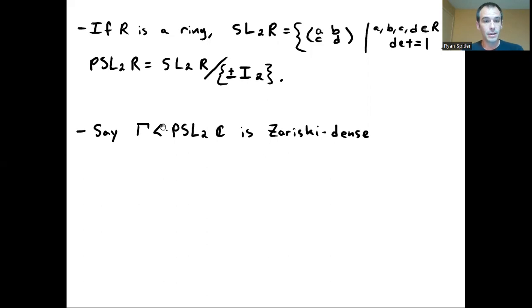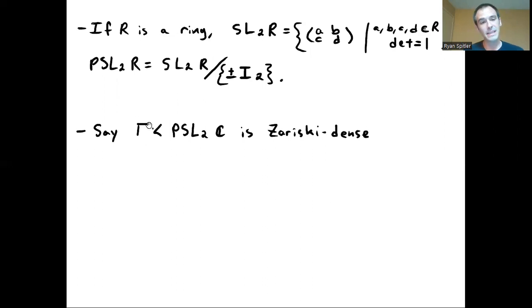In particular, PSL2C, so C is a ring. It's a nice big field that's useful for many things. PSL2C is an algebraic group. It can be defined using certain equations. It's the collection of all solutions to a certain collection of equations, and it has a group structure that's coherent with respect to this variety structure.